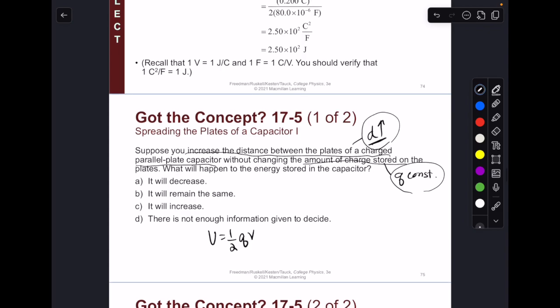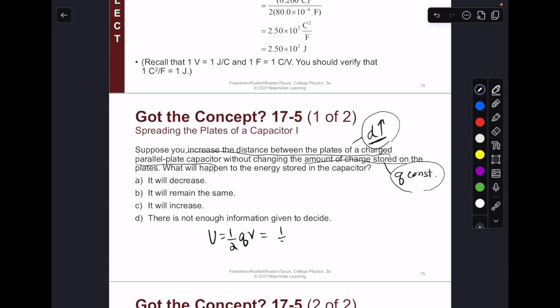And so the equation that I would use would be 1/2 Q squared over C. Because Q can be held constant here, and it's very apparent how Q is related to energy, and we can manipulate C. So let's first take a look at C. So C is epsilon naught A over D. So if D increases, what happens to C? It decreases, right?